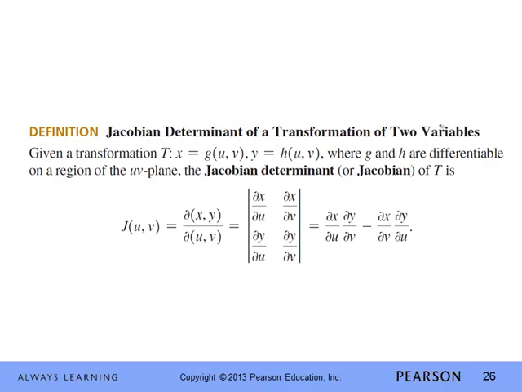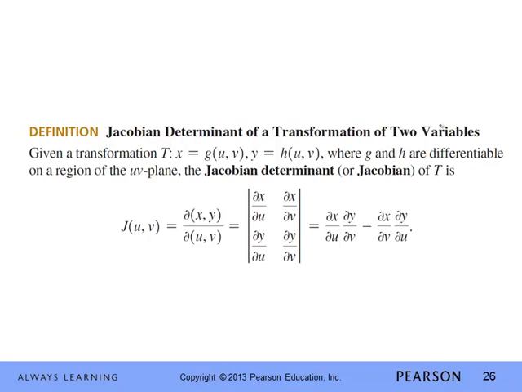They use J. And if it's for two variables, then you use the two variables within the parentheses. Now this is for a transformation where x is written as a function of u and v, y is written as a function of u and v. g is the function for the x transformation, h is the function for the y transformation.